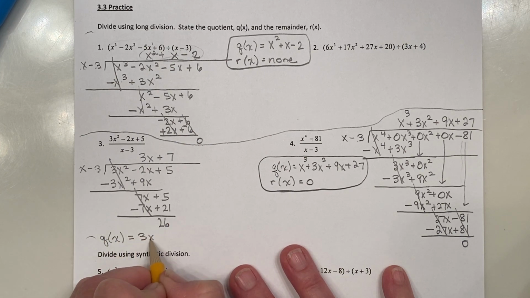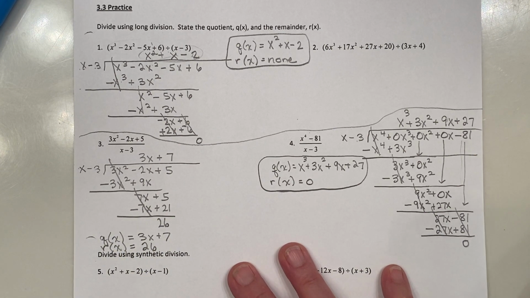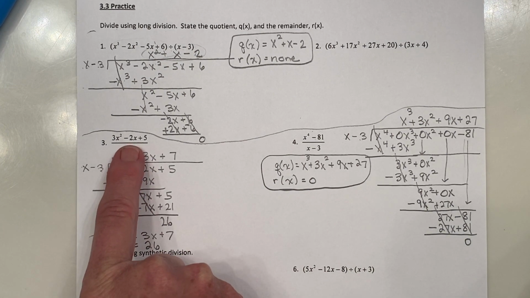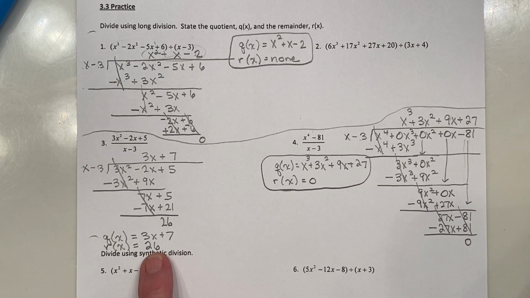So my quotient is 3x plus 7, but my remainder in terms of x is 26. I don't have an x here, but that's okay. So is x minus 3 a factor of that quadratic? No, because the remainder is not 0.